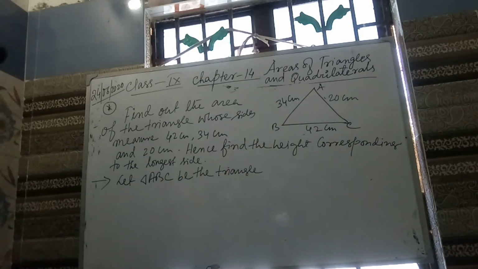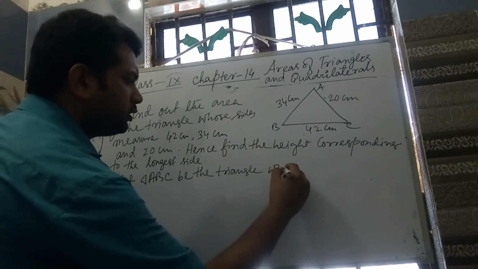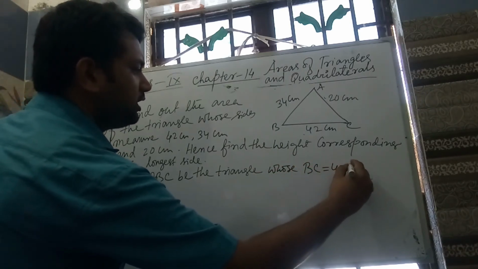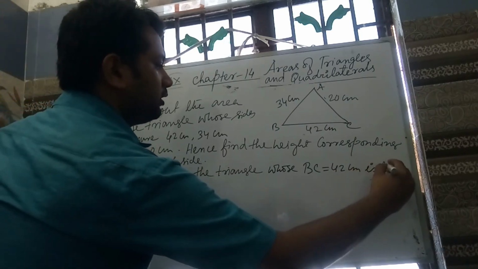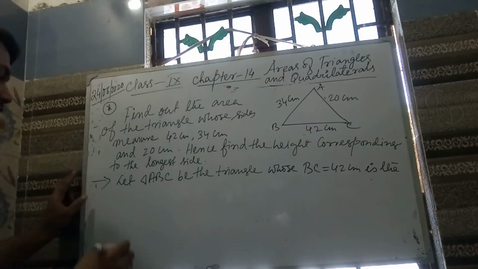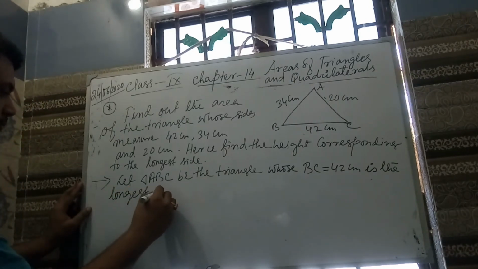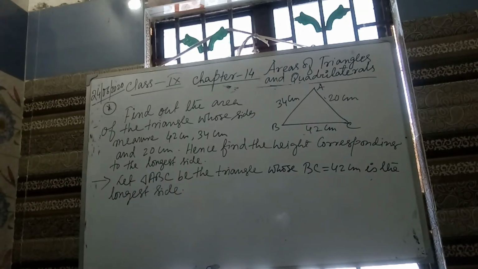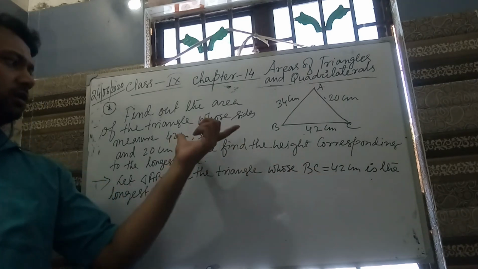Let ABC be the triangle whose BC equal to 42 centimeter is the longest side. That will help us in the next part of the sum.